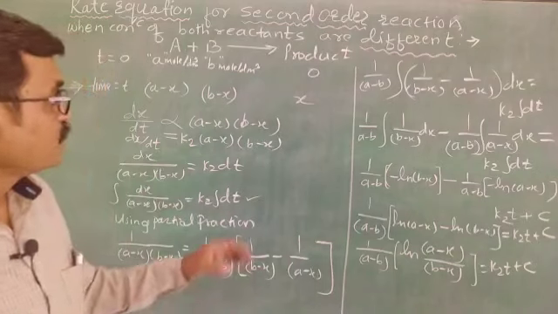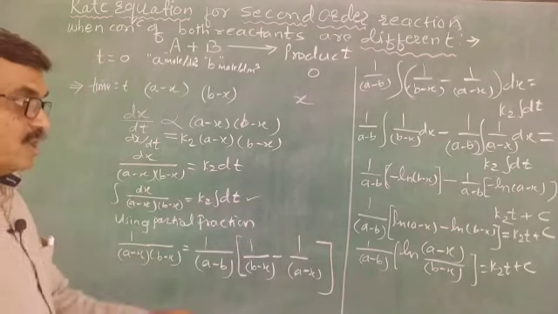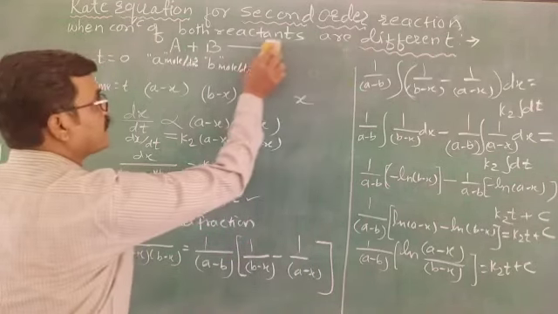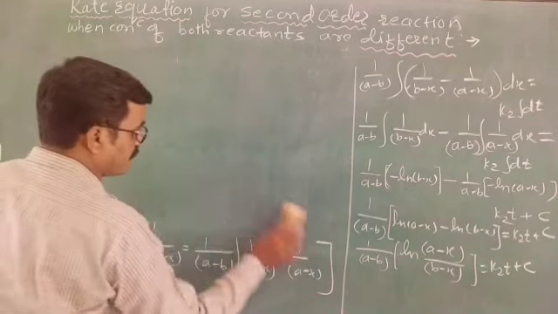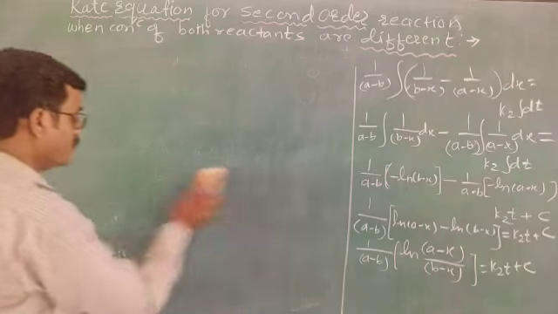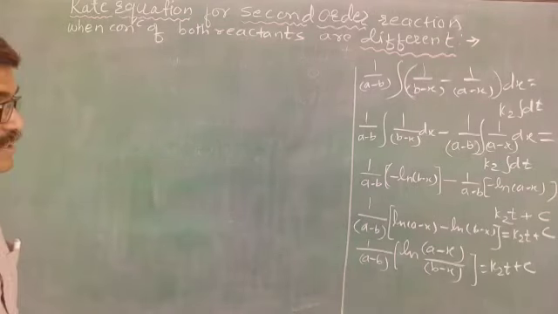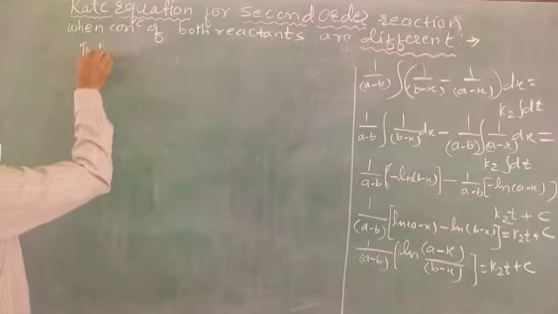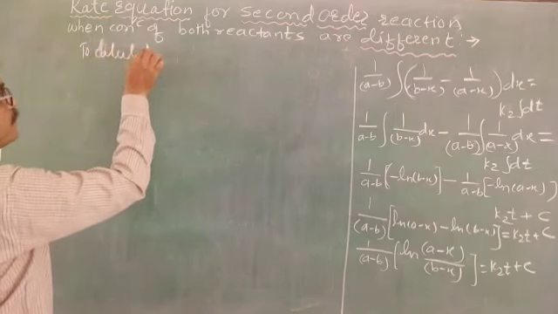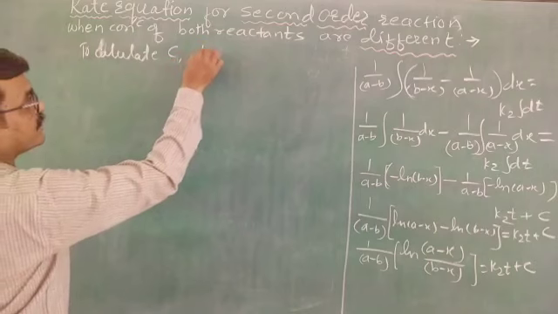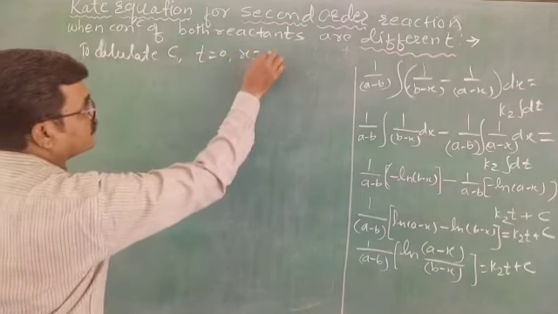Now in order to solve further, we have to calculate the integration constant c. To calculate integration constant c, use initial conditions. Now what are the initial conditions to calculate c? T equals 0 and x equals 0.